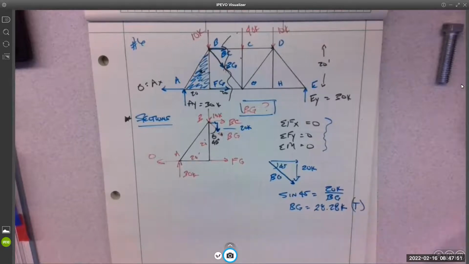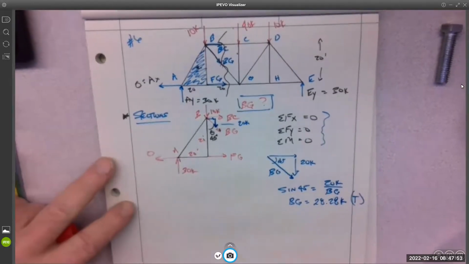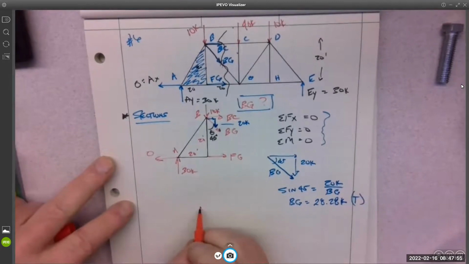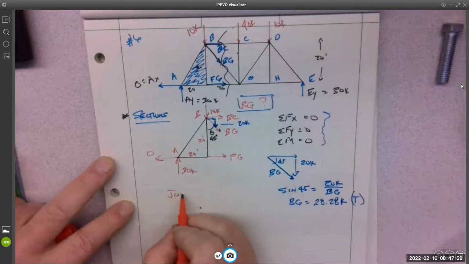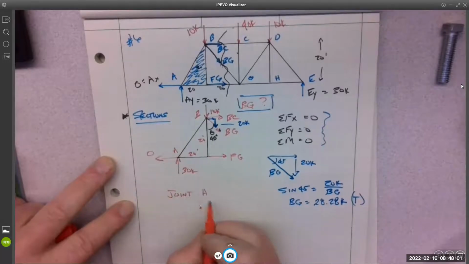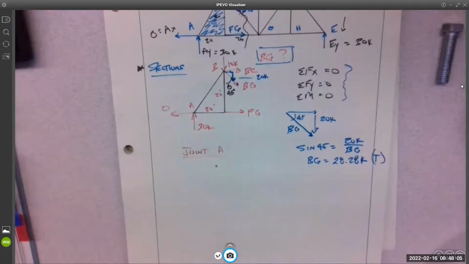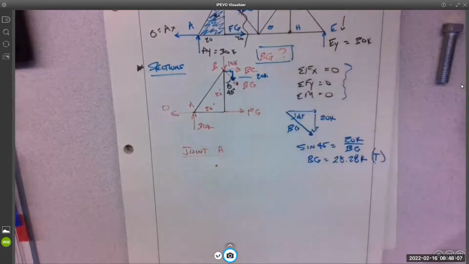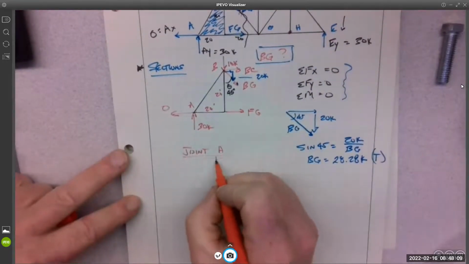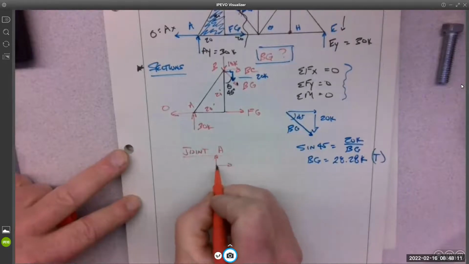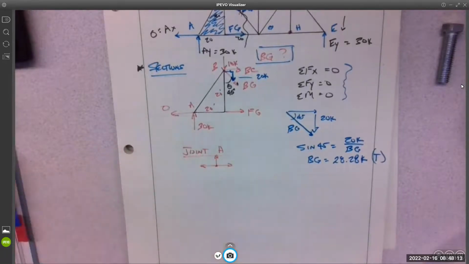So if I have a connection, let's say joint H, and I'm going to do an analysis of joint H, I draw it, right? So here's H. I have a vector up, a vector over, and a vector over, and I'm not even going to worry about direction right now.